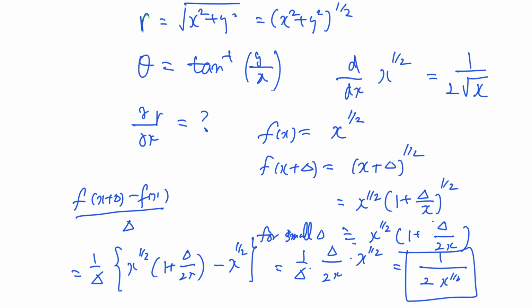So we can apply the chain rule again. Let's say g is x squared plus y squared, then r is g to the 1/2, the square root, right?